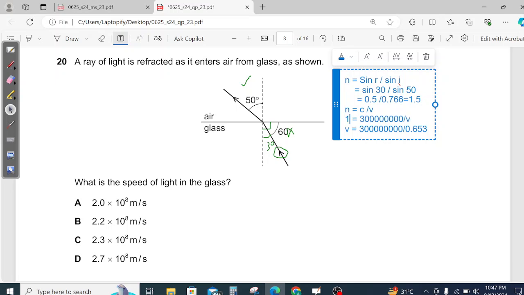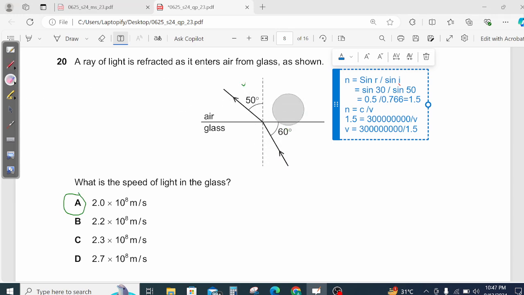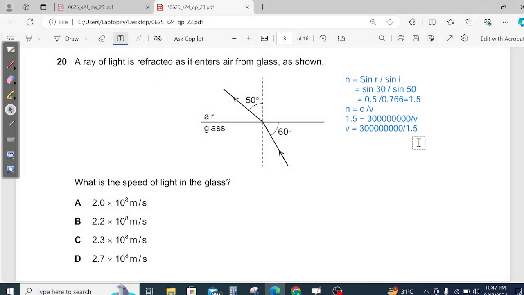I will use 1.5, and then you can easily get your answer. Again, 3 into 10 to the power 8 divided by 1.5. So you will get 2 into 10 to the power 8. Your option will be A. Is it clear? There was an issue in the calculator, that is why it was not giving the correct answer. Now I have found it.